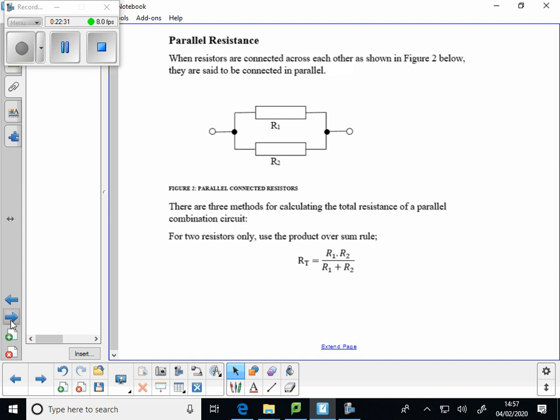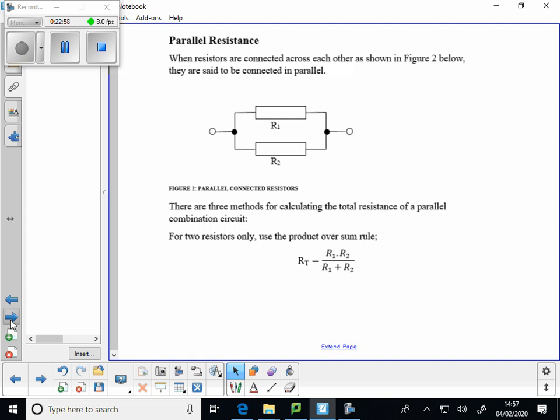Product means multiply, so we multiply the two values together on the top of the fraction, and we add the two values together on the bottom. That'll come up quite regularly, this two resistor parallel network, and the quickest way to do it is to use product over sum.